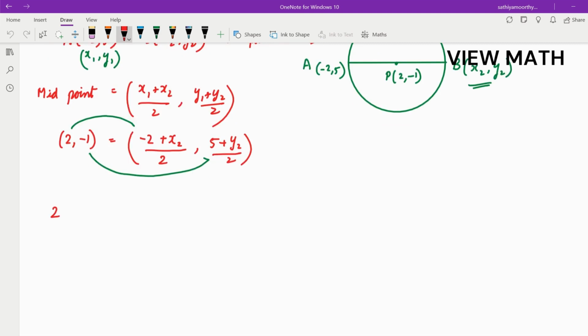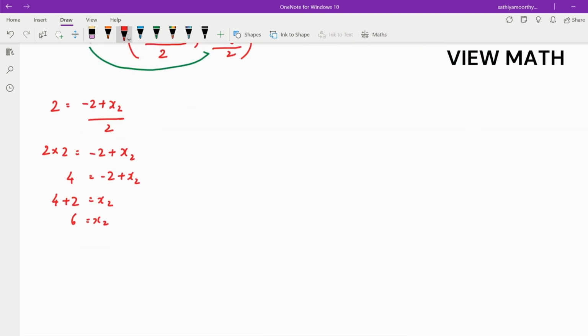So 2 is equal to (-2 plus x2) by 2. If I bring this 2 to the other side, it becomes 2 into 2 is equal to -2 plus x2. 2 into 2 is 4, equal to -2 plus x2. Let me bring -2 to the other side, it becomes 4 plus 2 is equal to x2. 6 is equal to x2. So we have found x2.